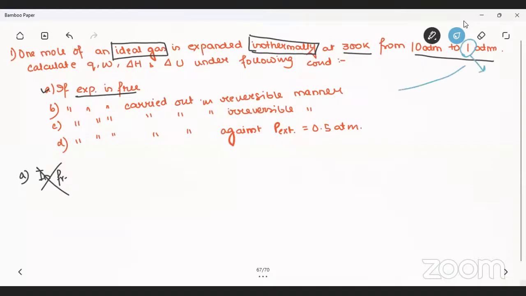So this becomes the P external for this case. Don't use the other P external here. That P external is for the other question. Here P external is not given, so the final pressure becomes our P external.